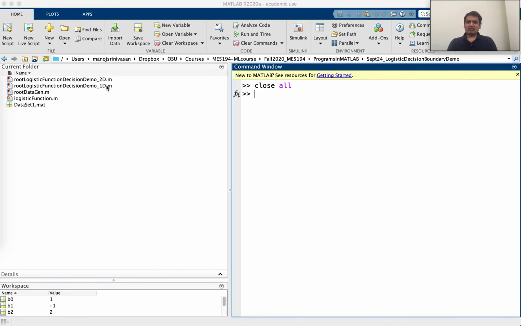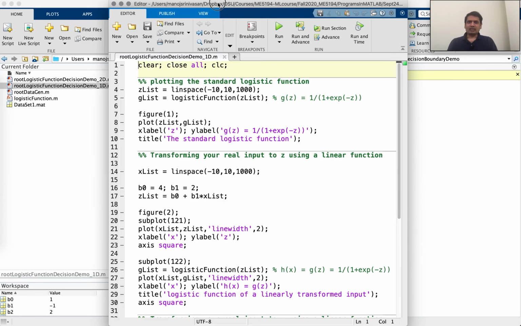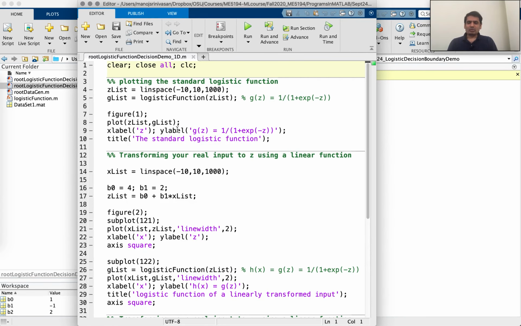Okay, let's plot the logistic functions a couple of different ways to see the various things we can do with this logistic regression. Let me just walk through this program.